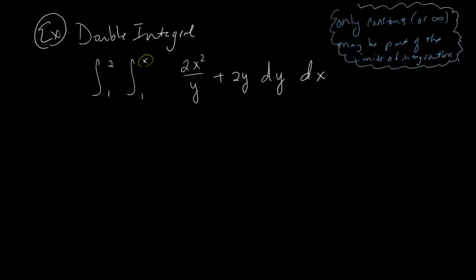So why is it then that I'm allowed to have this x here? Well, you may have noticed already that the interior integral is being taken with respect to y. x is constant with respect to y.